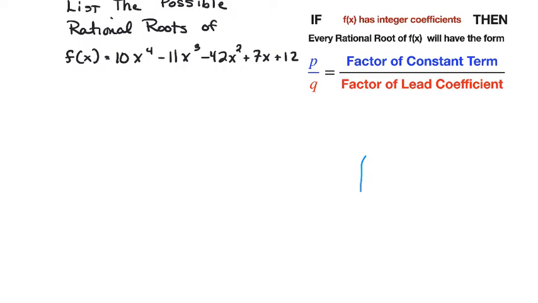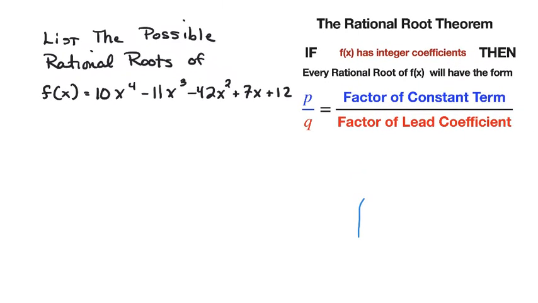So I've got the rational root theorem here written off to the right, and I've got a polynomial here, f of x they've called it. So it's function f, and it's got x's in it. That's what that notation means. All right, so let's list all the possible rational roots, and I'm going to start with the color blue because I'm going to be working on the p values first.